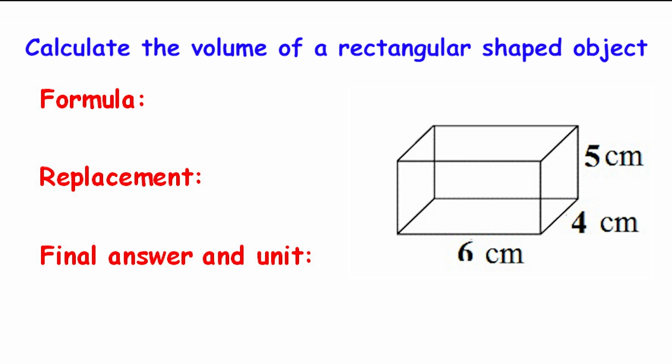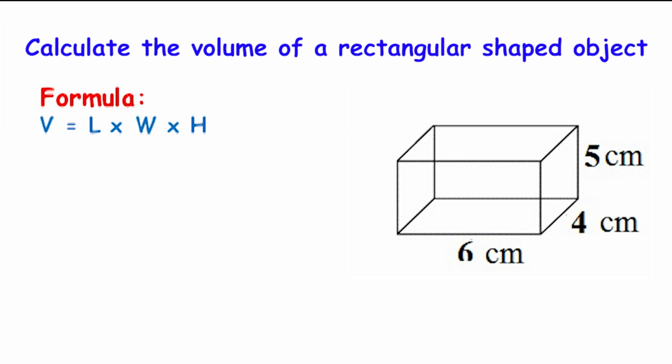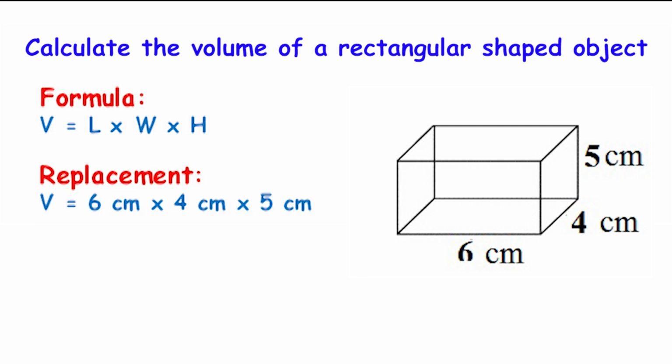The volume of a rectangular shaped object is calculated by the formula V equals length times width times height. By replacing each term by its value, in place of length, I write 6 centimeters, width is replaced by 4 centimeters, and height is replaced by 5 centimeters.